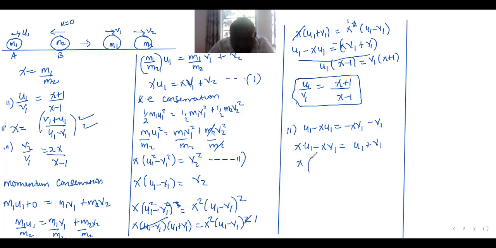So X finally is going to be, into U1 minus V1, U1 plus V1. Finally, X will be U1 plus V1 divided by U1 minus V1. Proof.